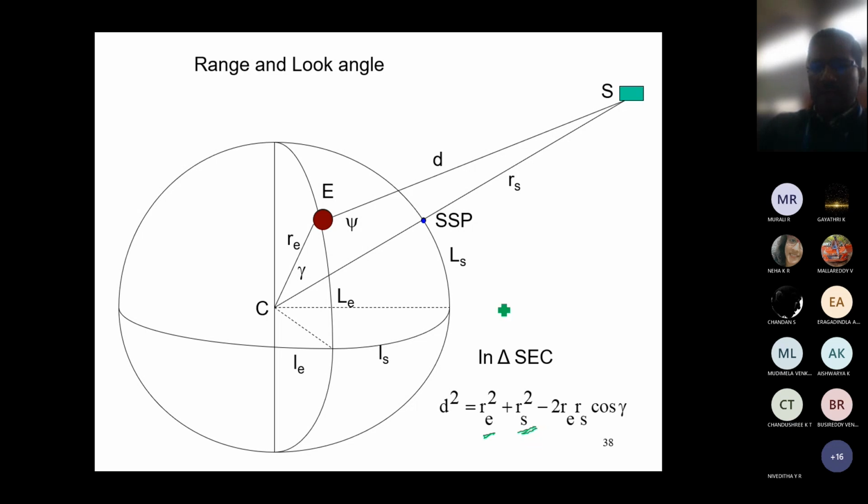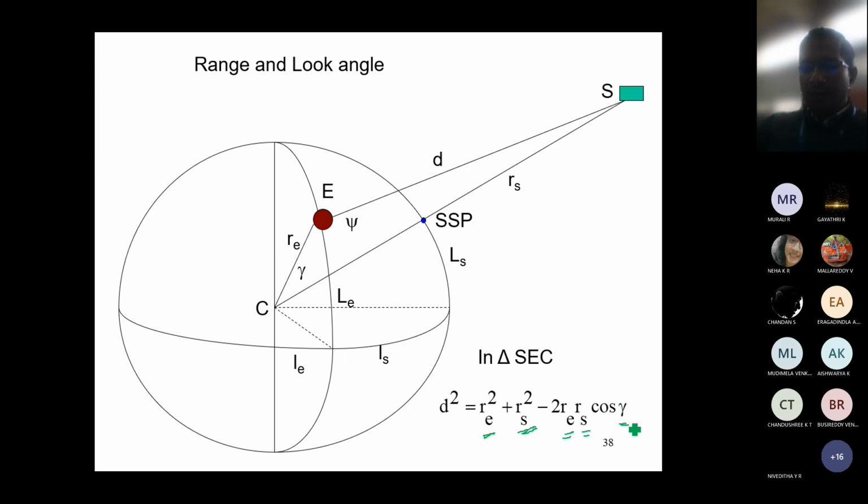RS is the orbital height of the satellite. And if you take the satellite as a geostationary satellite, then the orbital height is also known to us, that is around 36,000 kilometer. The exact value is 35,000 something. Again, RE and RS are known, so the only unknown is gamma.